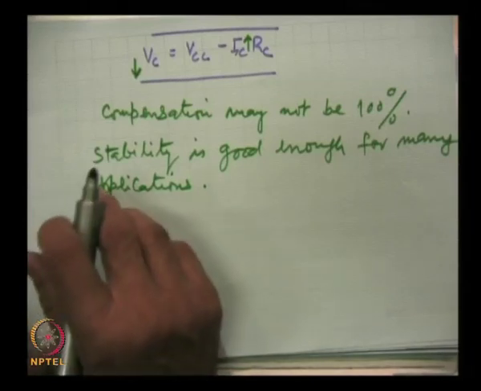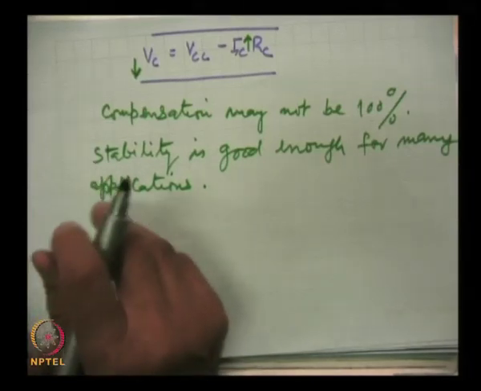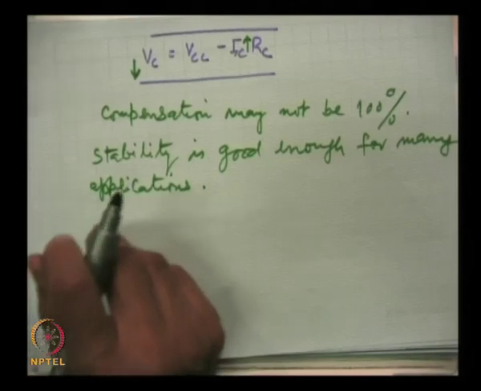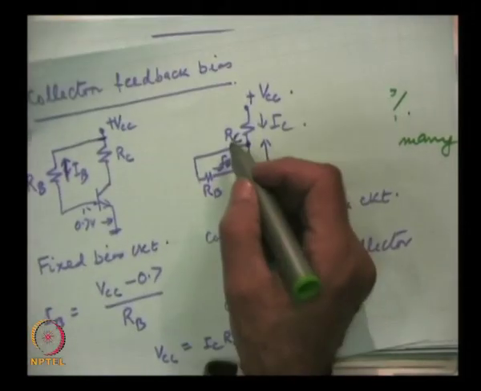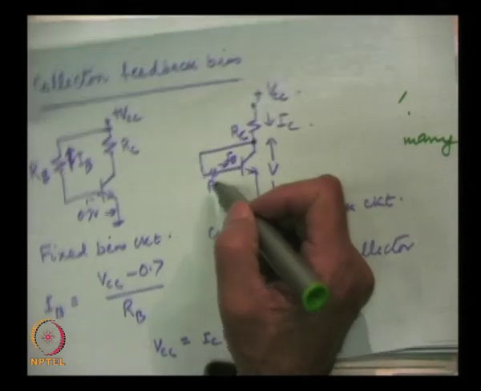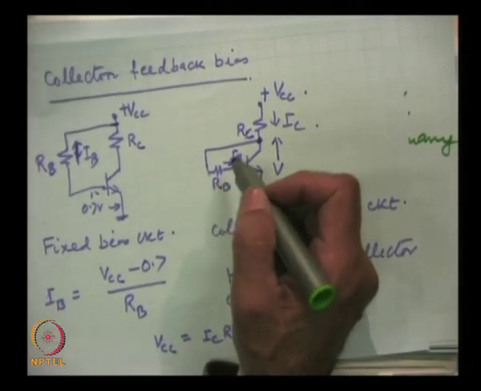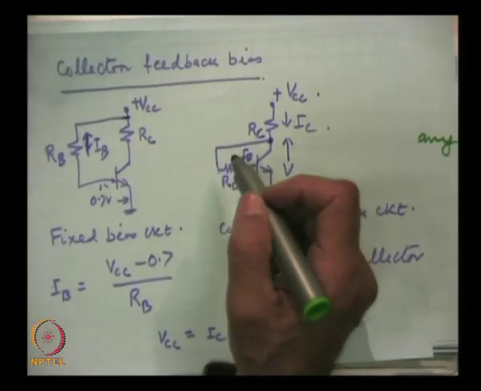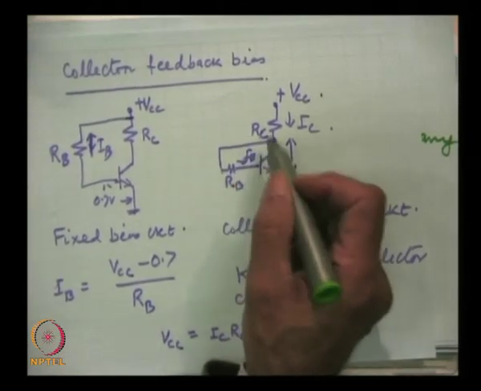And this is widely used circuit, because very simple to design, makes use of fewer resistances, just 2 resistances, and in the case of the voltage divider circuit, there were 4 resistors required.